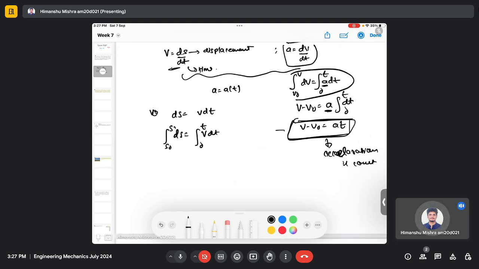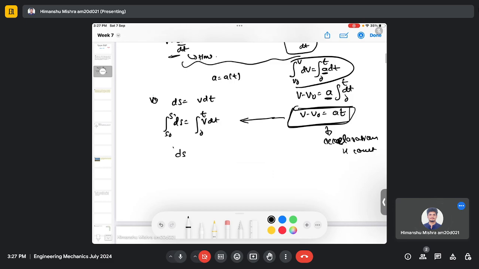If I substitute this expression here, I will have this expression. So this is the expression we need to integrate.